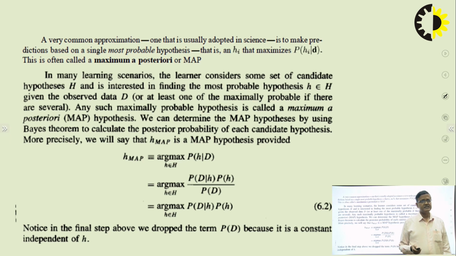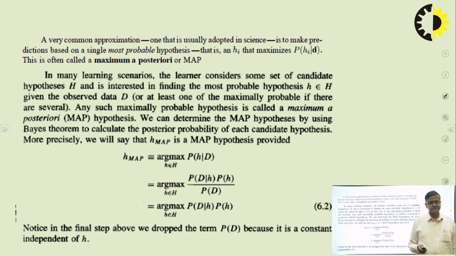That is called the H-MAP hypothesis, or maximum a posteriori hypothesis. H-MAP is defined as argmax, where small h is an element of capital H, of the term P(h given the observed data).